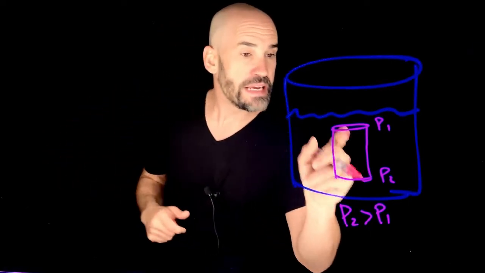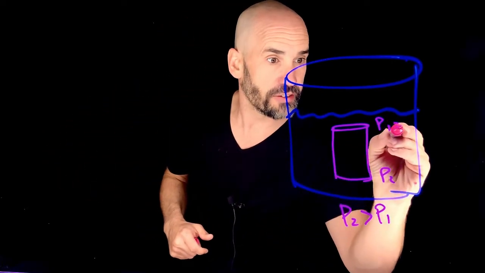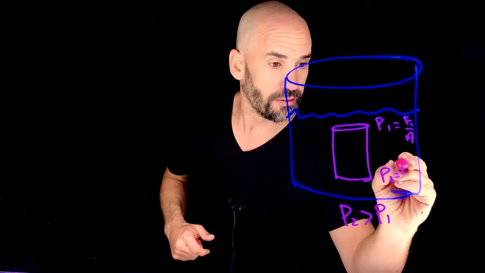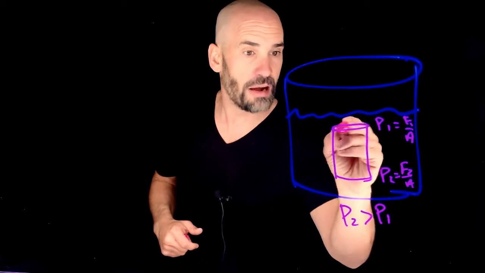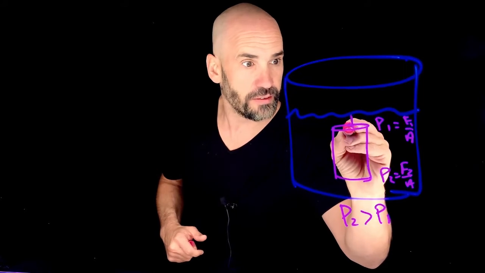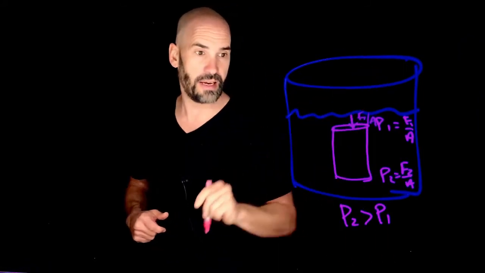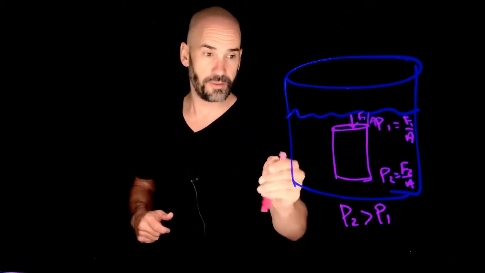So that means that, remember, pressure is just the force per area. So this would be force 2 per area. So down here, you're going to have force per area pushing on this little cylinder.